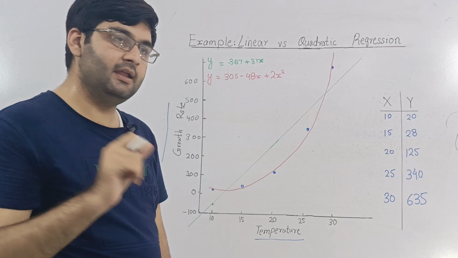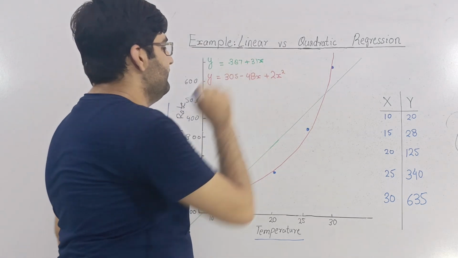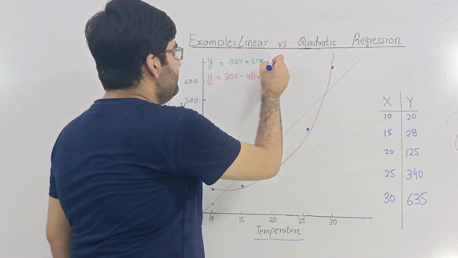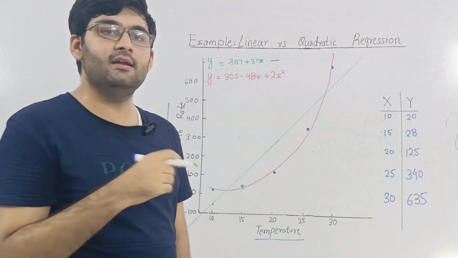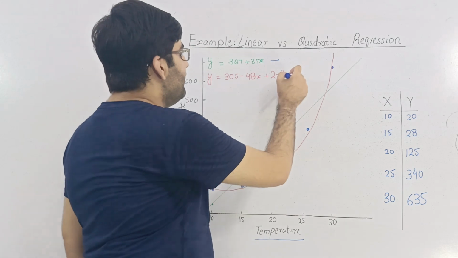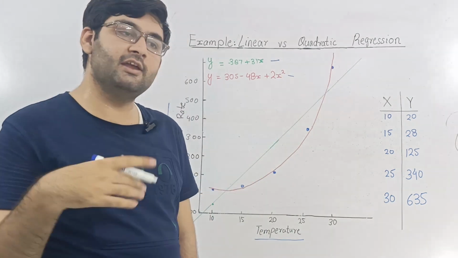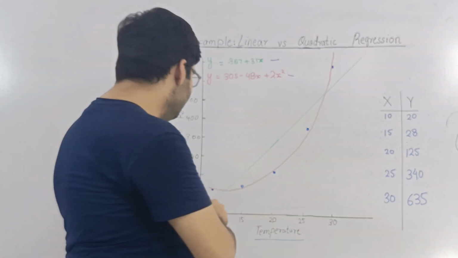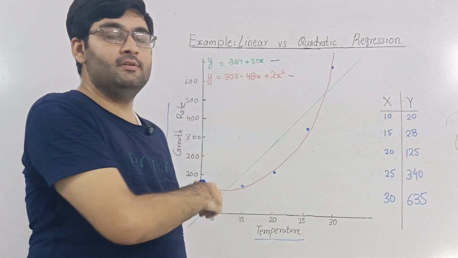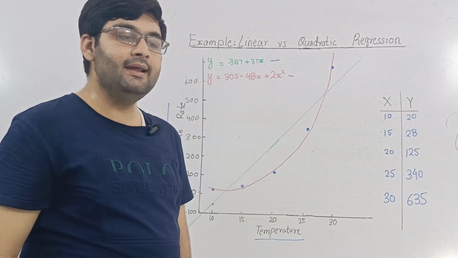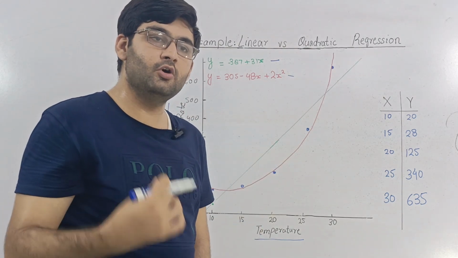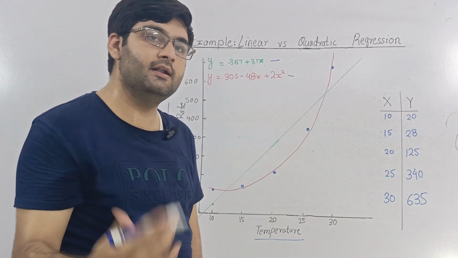Further, I have obtained two models from this dataset. The green one is the simple linear regression model, and the red one is the quadratic polynomial regression model. Here the green line is the simple regression line, and the red one is the quadratic polynomial regression curve.